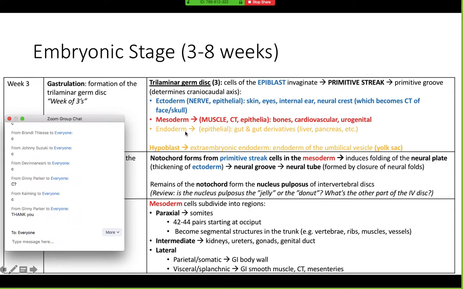So the endoderm associated with the embryo is a result of the epiblast cells, and the hypoblast cells, which are the primitive endoderm, are pushed laterally, out to the side, to form the extra-embryonic endoderm.